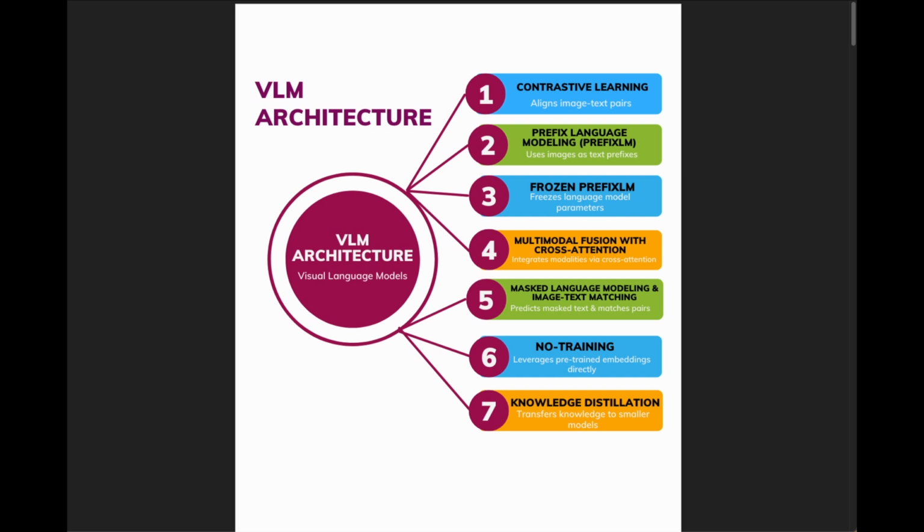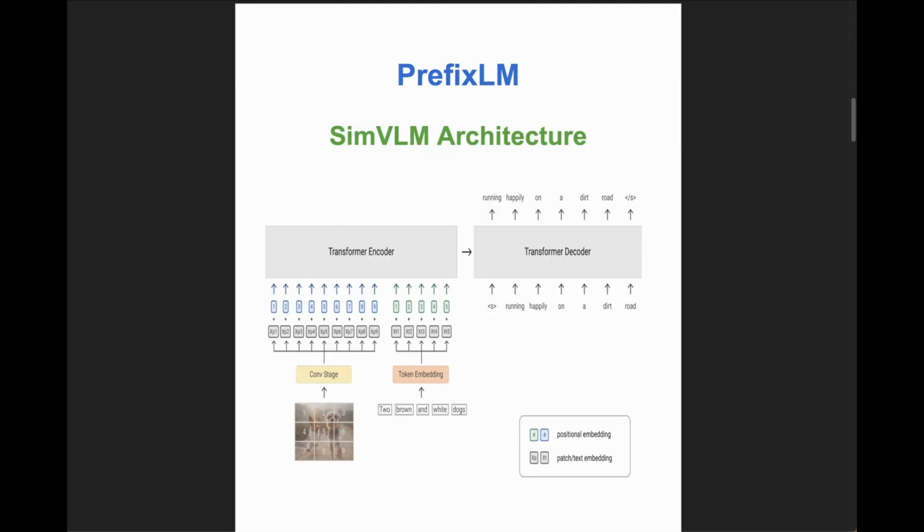For text modalities, the model converts the text prefix relative to the patch into a token embedding. The transformer's encoder-decoder blocks receive both visual and token embeddings. The model learns the relationship between the embeddings. A popular architecture is SimVLM, which uses the PrefixLM learning methodology.